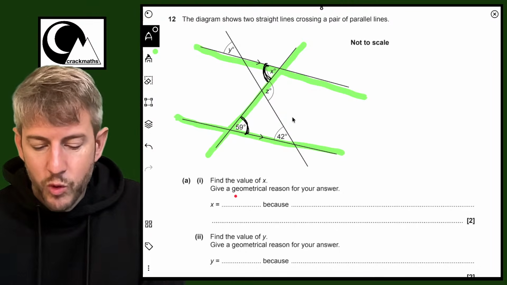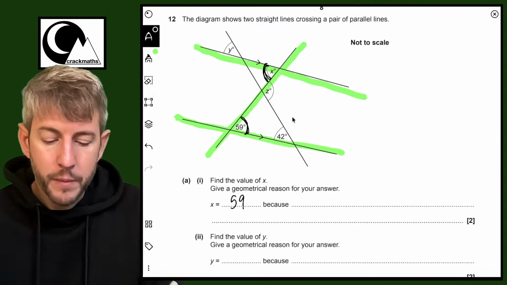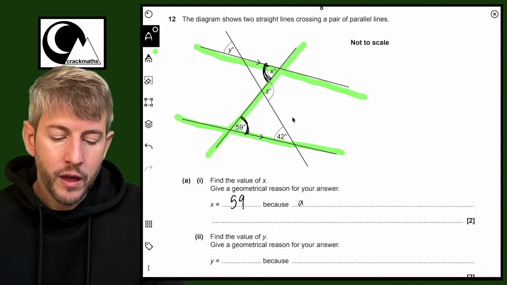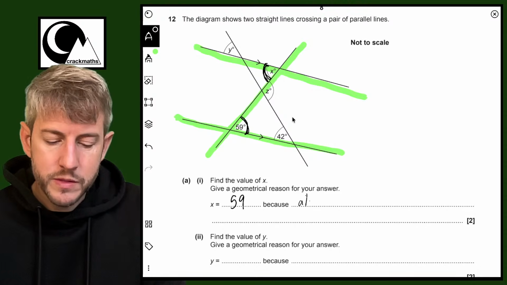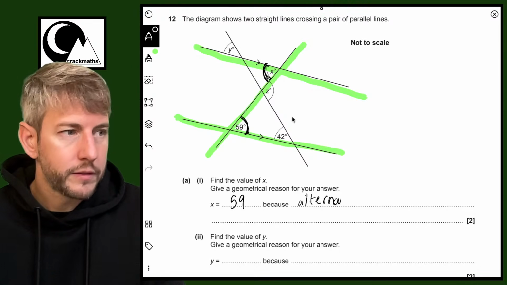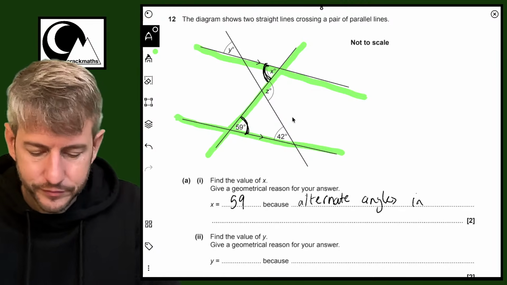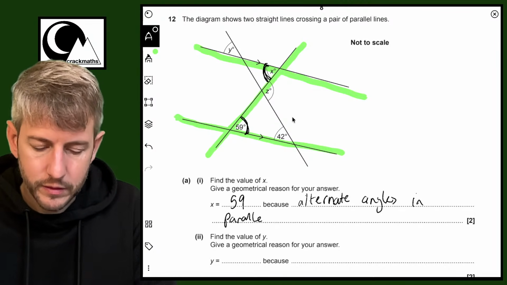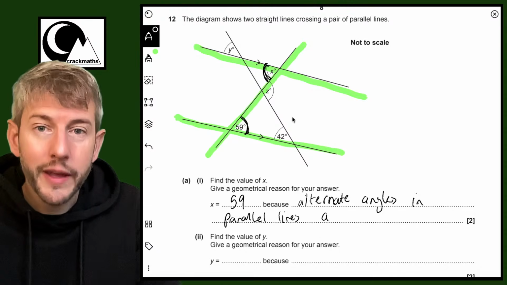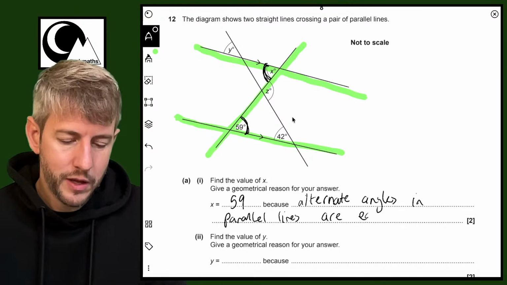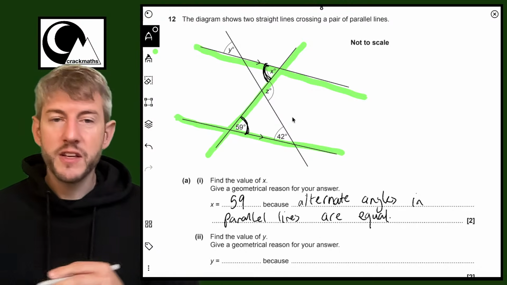So x will be 59 because alternate angles in parallel lines are equal. Okay, so that's the first one.